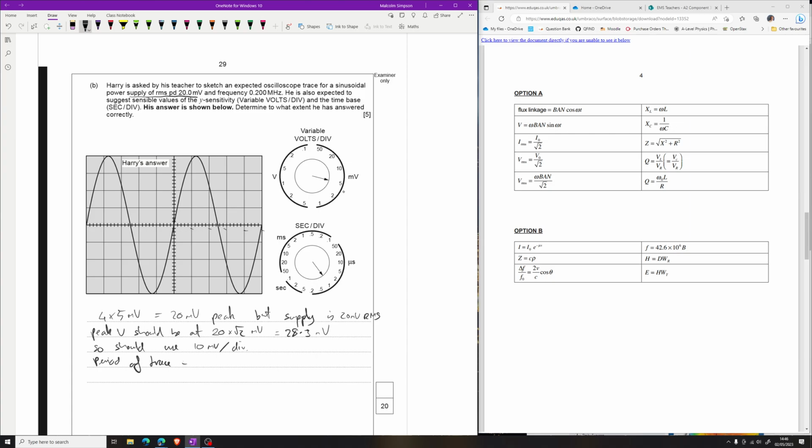Period of trace equals 5 times 1 microsecond, so 5 microseconds, which implies a frequency of 1 over that, which is 2 times 10 to the 5 hertz, which is indeed 0.2 megahertz. So correct.